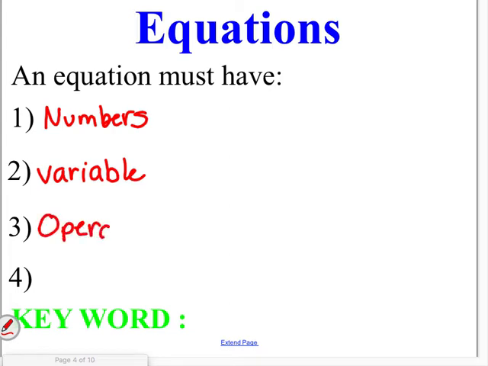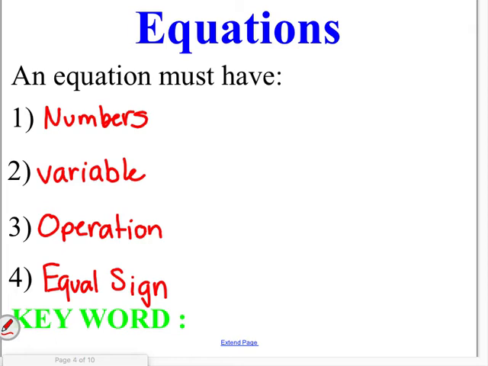There are 4 math operations: adding, subtracting, multiplying, dividing. You need to use at least one of them. And the difference between an expression and an equation is that an equation has an equal sign. So there are 2 sides to an equation, the left side and the right side. An expression is just a singular thing.